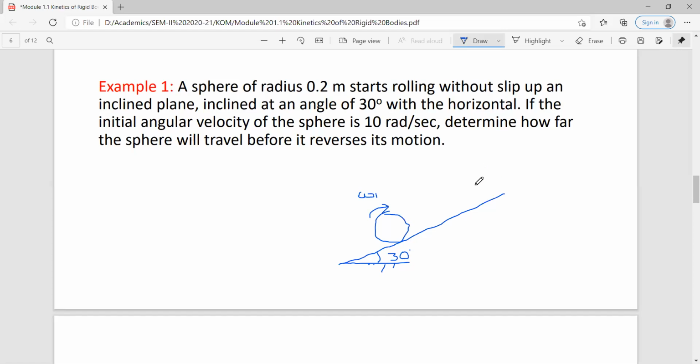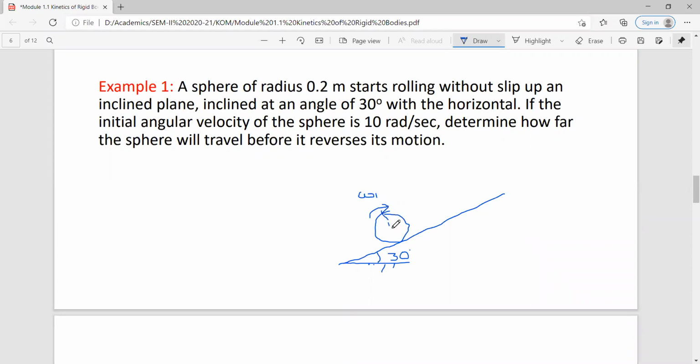And after that, because of gravity, it will reverse its motion down the plane. So now you have to decide how much distance this sphere will move up the inclined plane.